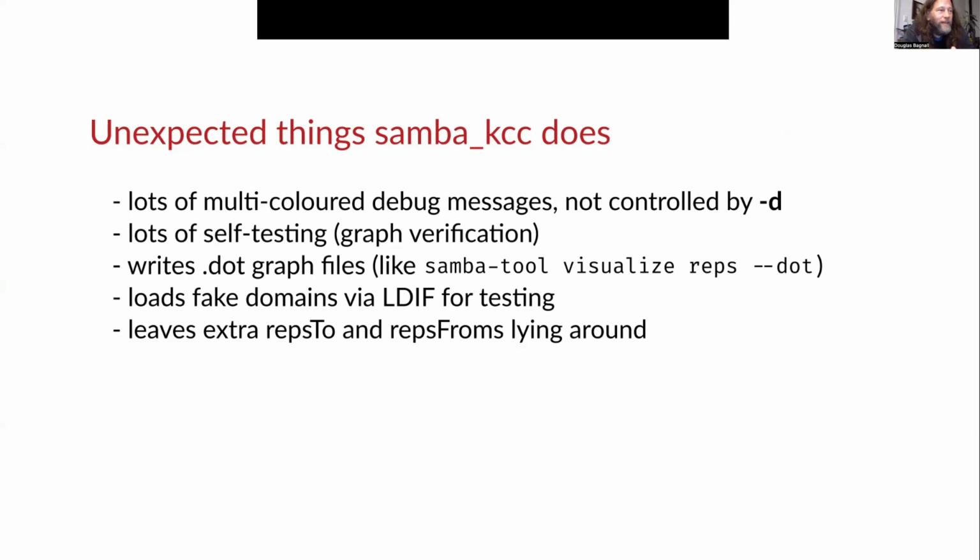And it's got a whole lot of routines that follow its graph to make sure it hasn't made a loop in the intersite graph, which actually wouldn't be a tragedy if it did. But we were trying to find out what Windows does, and to make sure it has done the doubly linked loops and all that kind of stuff. So it's got a whole lot of graph theoretical testing things.